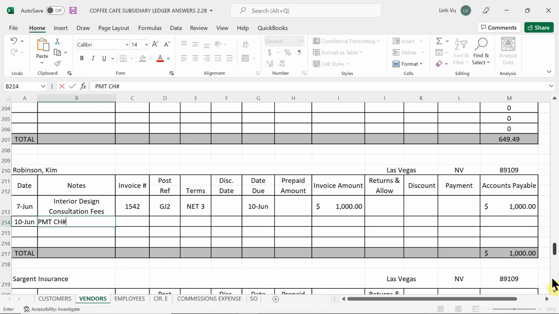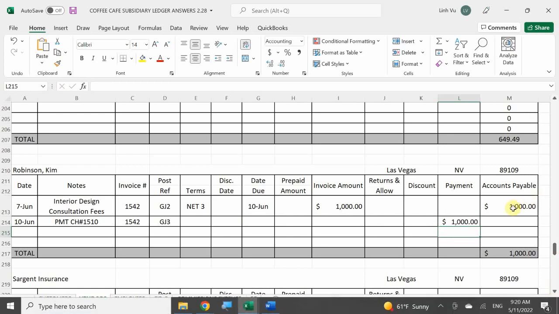I wrote her a check, 1510, and what invoice was this referring to? Invoice number 1542. And I'm on General Journal, page 3. And what did I do here? I simply made a payment of $1,000.